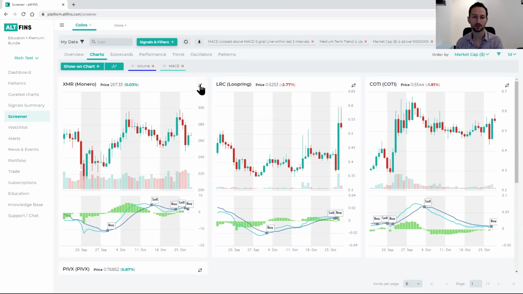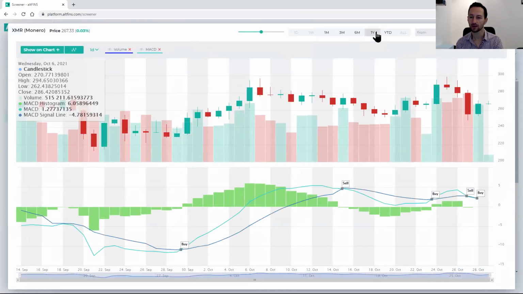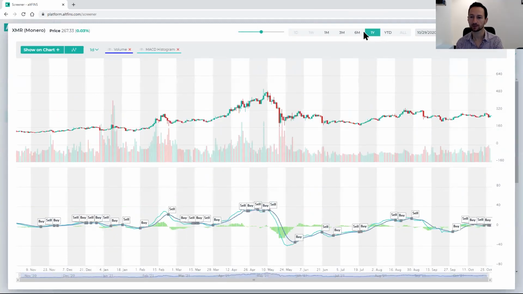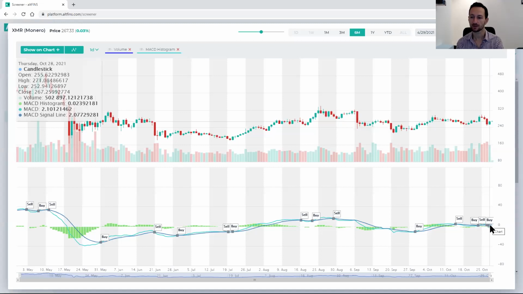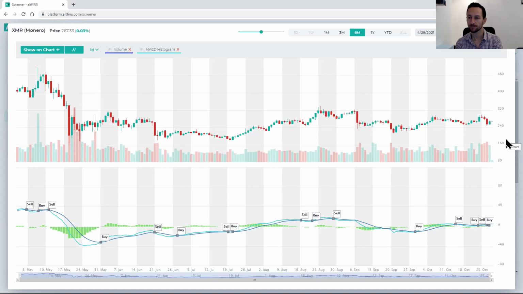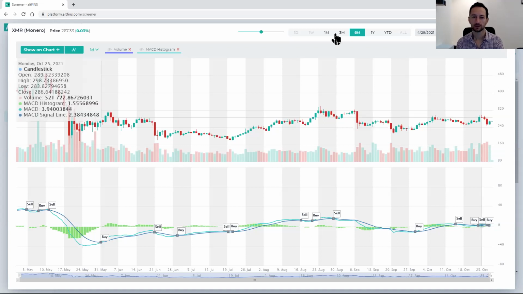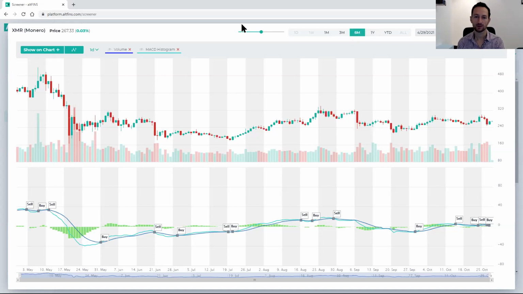And Monero, it's not quite an uptrend on the long-term basis, but let's see what's happening here. It's also had a lot of sideways action. Recent buy signal received basically yesterday. And let's see, where is my support and resistance level here?